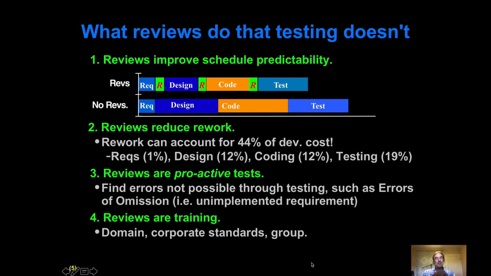So you can see in this first little diagram, the design, code, and test phases are a little bit shorter as a result of having inserted reviews, and in general, the cost of inserting reviews is less than the cost of the rework, so the overall time to development should be less when you have a good review process in place. And this is the essential characteristic of reviews, which is that they reduce rework.